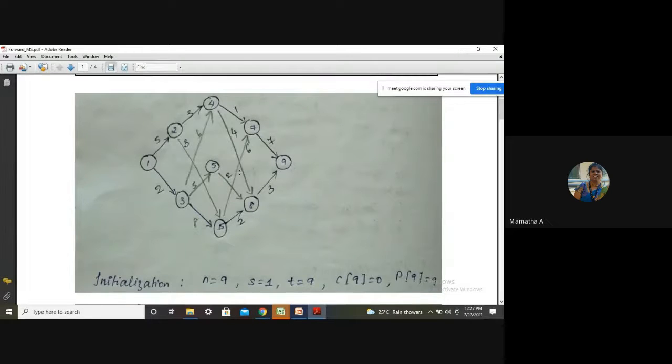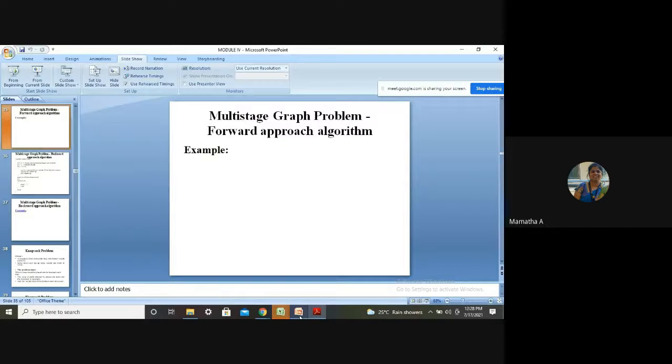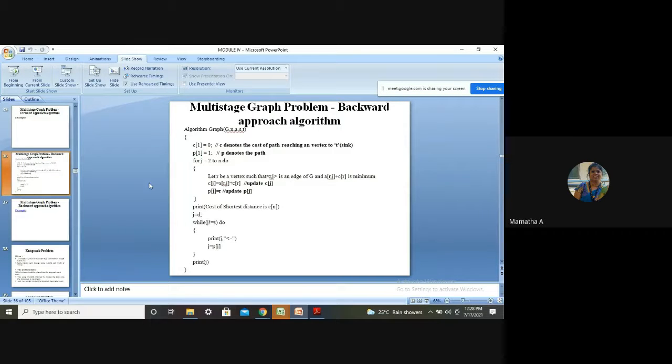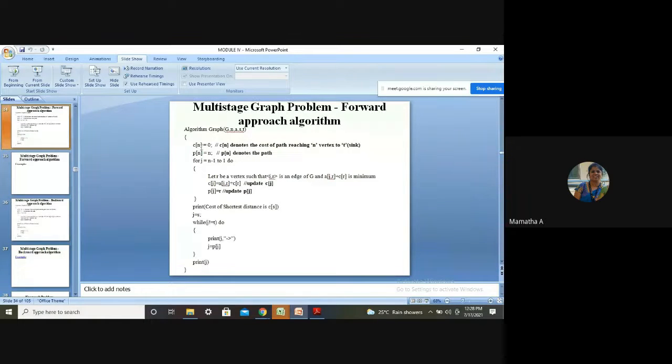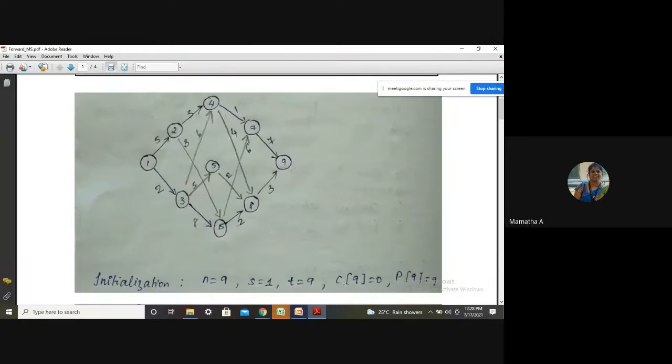The first two initializations I told you: C of n equals 0, P of n equals n. So you have to remember this. These are important ones. C of n, C of 9 equals 0, means the cost of reaching 9 to 9 is 0.